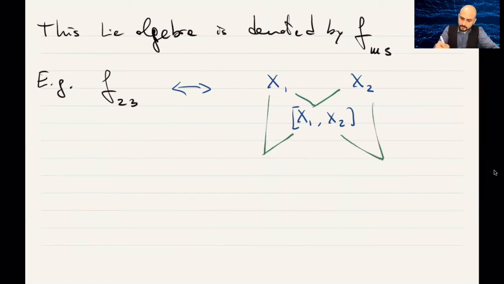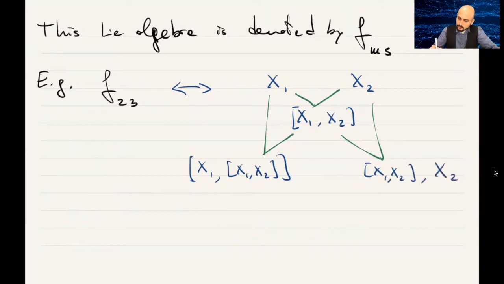So I'm going to have [x1, [x1, x2]] and [[x1, x2], x2]. Now I'm not taking any more brackets because what I want is something of step 3.